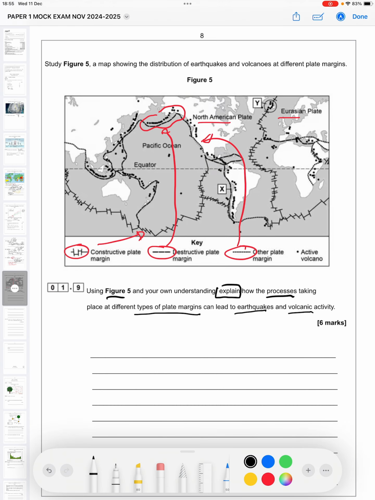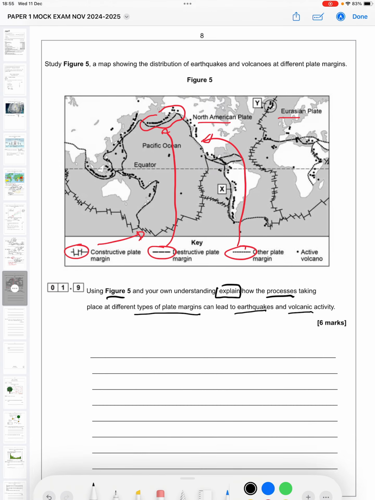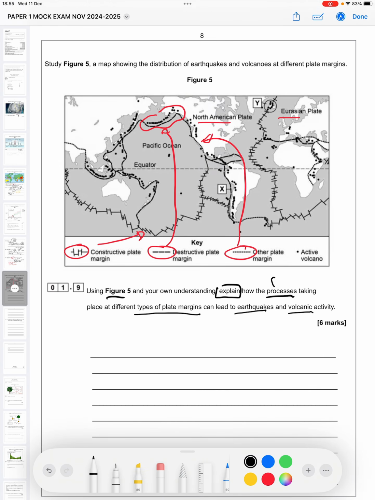Right. Let's pick this apart a little bit. So the processes for us are basically what's happening. So you've got to be able to explain what is actually happening at these boundaries, at these margins.